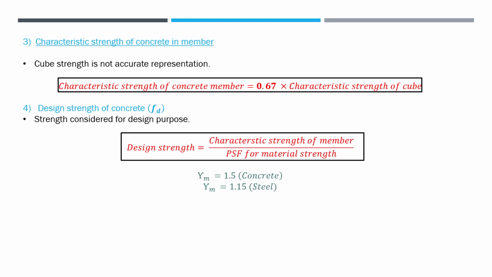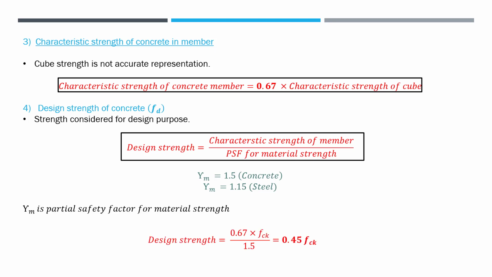As per Indian standards, gamma m is equal to 1.5 for concrete and 1.15 for steel. Therefore, the design strength of concrete in member is given by 0.67 times fck, the characteristic strength of the concrete member, divided by the partial safety factor, which is 1.5. The resultant expression gives 0.45 times fck.